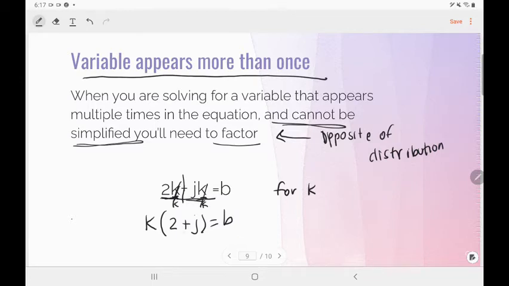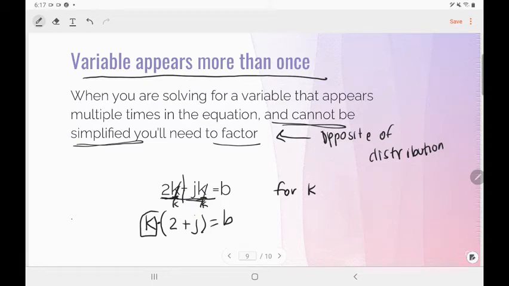Now, if you notice, you could redistribute it back in and you'd get the same thing, which is why this factoring method is what I want to do, because that leaves me with just my one variable k and a multiplication between these two things.